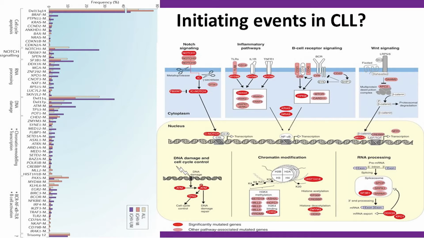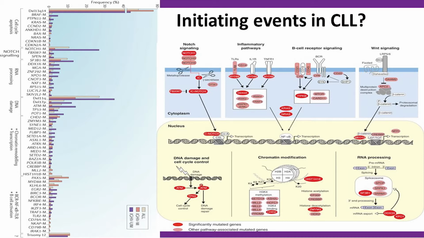So B cell receptor signaling is very important in stimulating the growth of CLL cells. The mutations that arise in CLL are those in pathways from the B cell receptor, making these signals always on so that the CLL cell will proliferate. Additional growth promoting factors have been identified with this type of analysis.